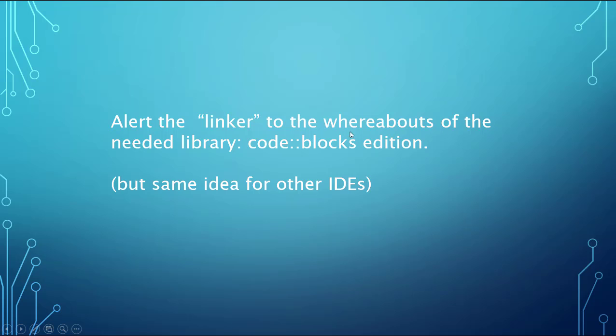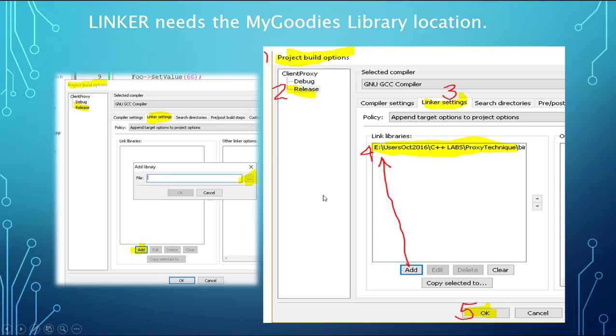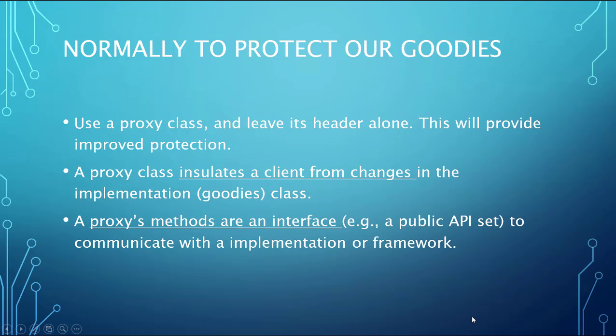And this is the same for other IDEs, Visual Studio, etc. Using the Code::Blocks idea, I went to my project build option, looked, I wanted release, went to linker settings, add a file, look for the directory. Here it is. I found the directory on my machine where my library was compiled, clicked OK, and I'm done.